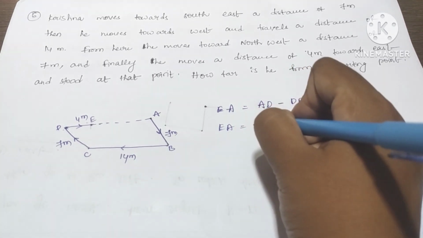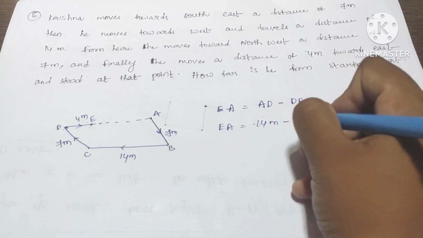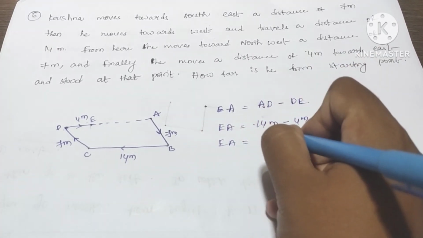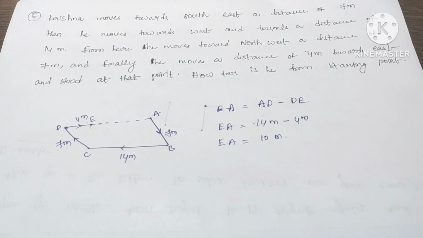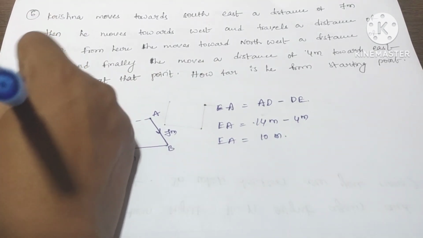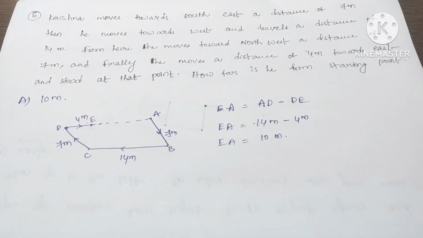AD is 14, as we already know, and we have to remove 4 meters. So EA is equal to 10 meters. So the answer to how far is 10 meters from the starting point.